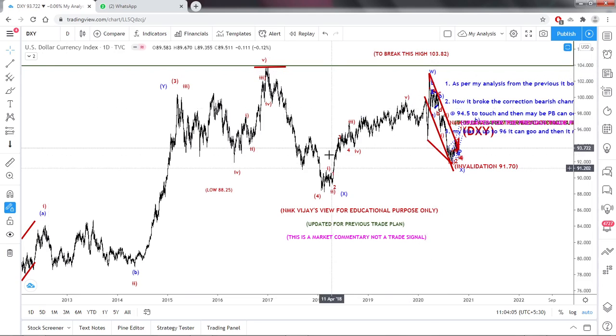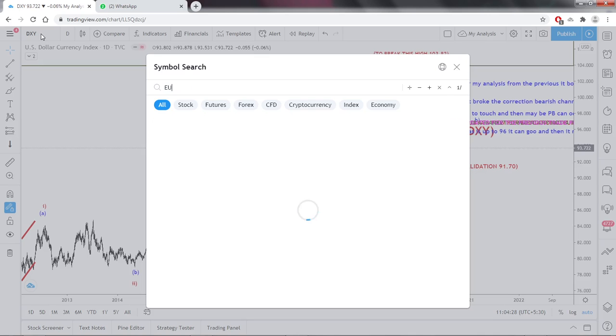So that is why I doubted here, and my view from the previous itself, I took this as an expanded flat. So now I'm looking only to this being the end of the C wave of this X wave, and now we are on that ABC to the Z wave. So that is my view, and we will move on to the Euro USD.